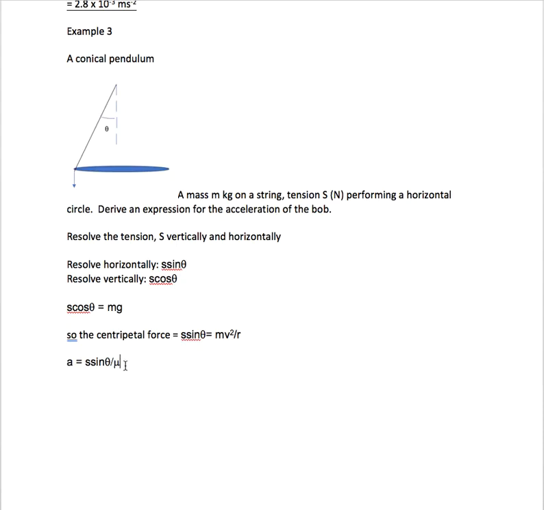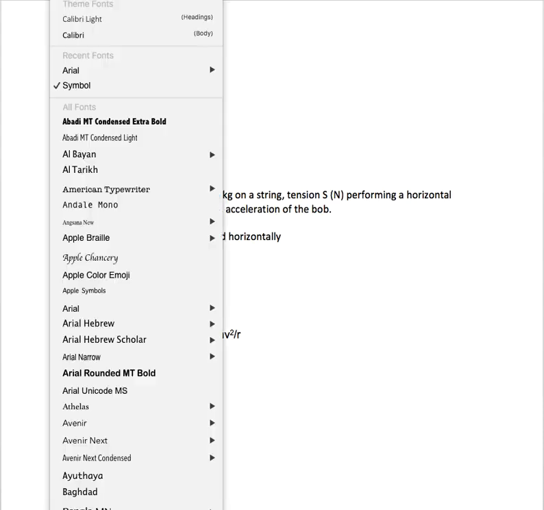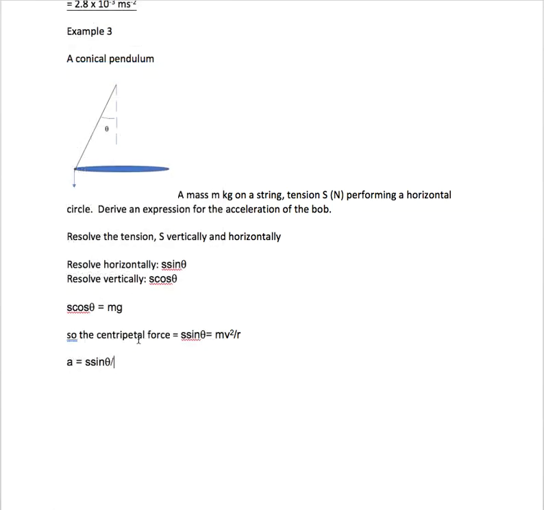And let's just change that back to a again. So there we have our expression for the acceleration of our conical pendulum.